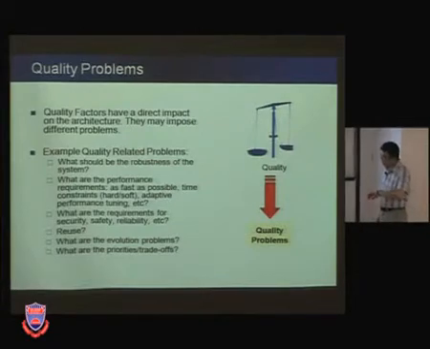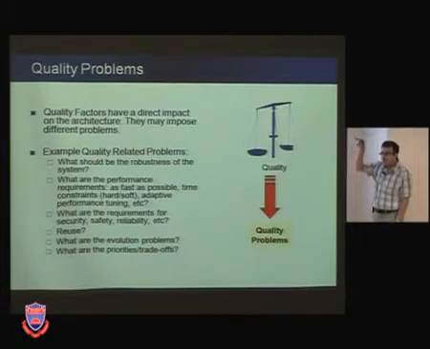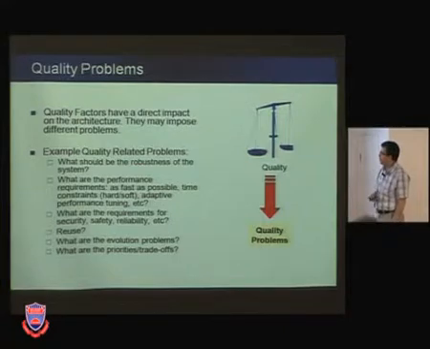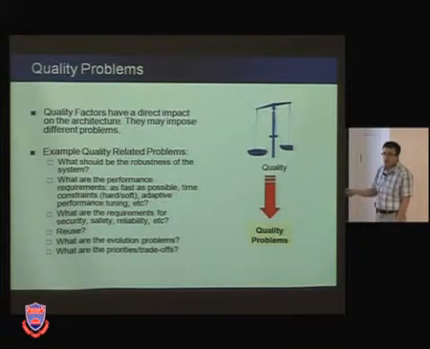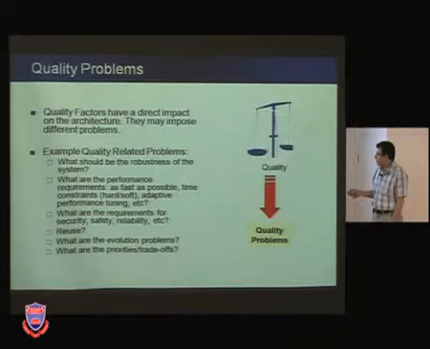The third category is the quality problems, where you actually go through the list of quality requirements and you ask, what should be the robustness of the system? What are the performance requirements? What are the requirements for security, safety? Do we need some reuse? What are the evolution problems?